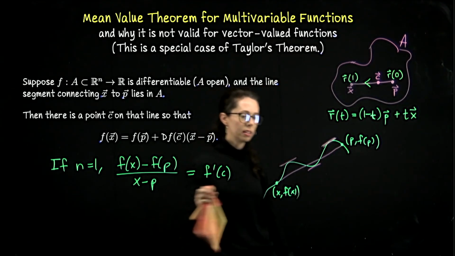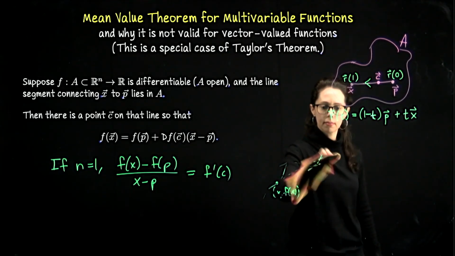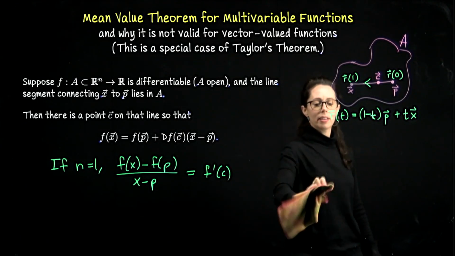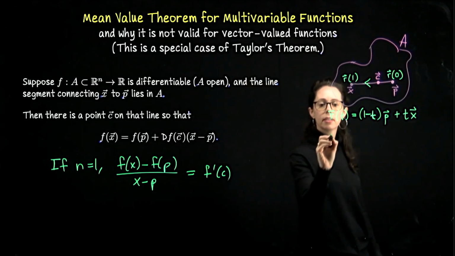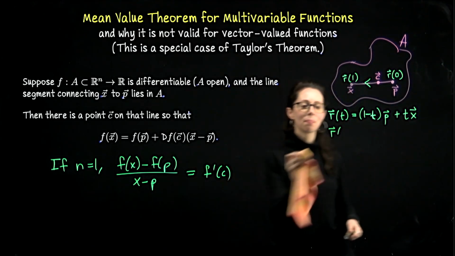If you don't see immediately why this is a straight line segment, if we compute its tangent vector, r prime of t, it's a constant.